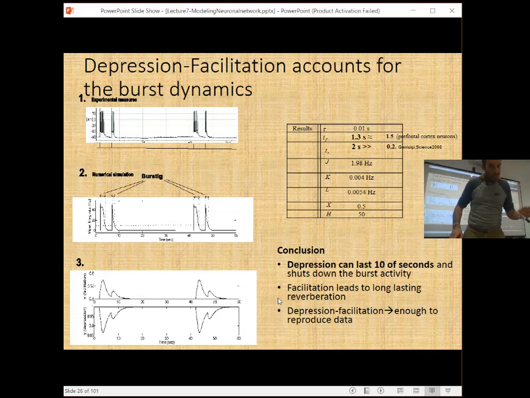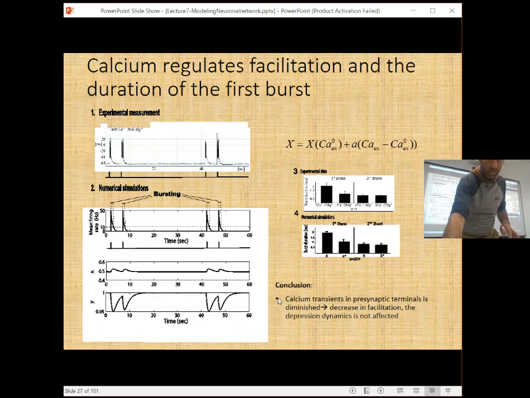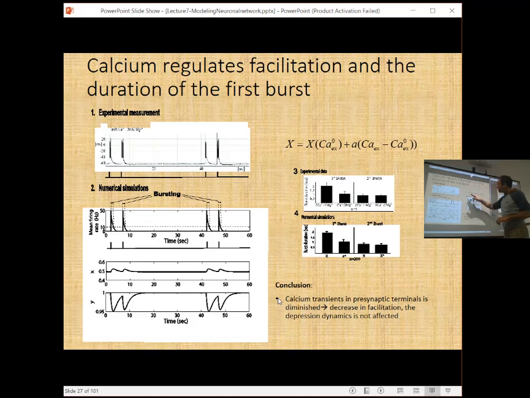So we were satisfied. We said, great, we have a model, and it tells us about some reality. And then they did an experiment where they changed a little bit the concentration of calcium. And when they changed the concentration of calcium, the second peak was not reduced. This was again something that we had to work on, and we understood that this has to do with the variable X, which I explained to you, the variable in the facilitation.